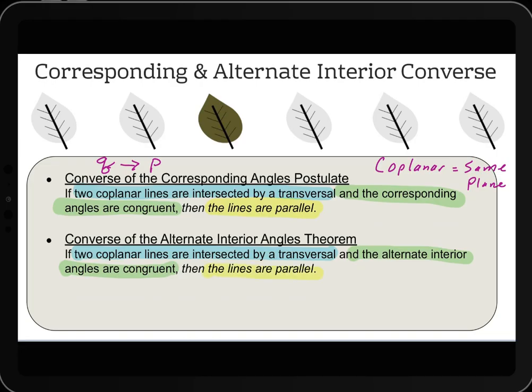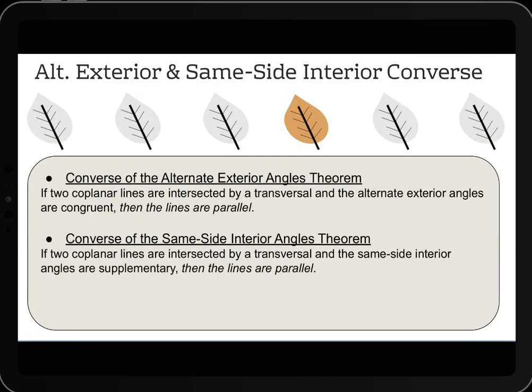The lines are parallel. Or likewise over here, we have two coplanar lines intersected by a transversal, and the alternate exterior angles are congruent, and then if that's shown, the lines are parallel. Or two coplanar lines are intersected by a transversal and the same side interior angles are supplementary, then the lines are parallel. So I bring that up because those are all conditional statements.